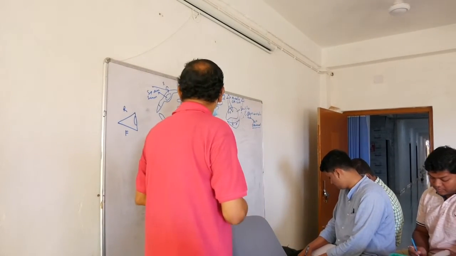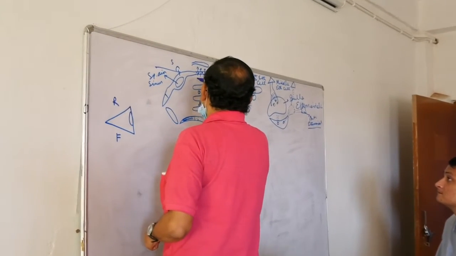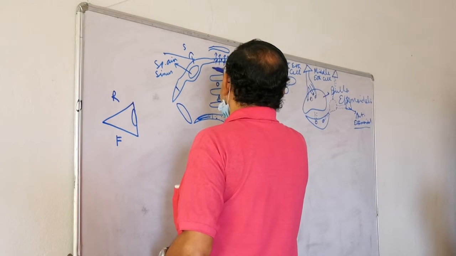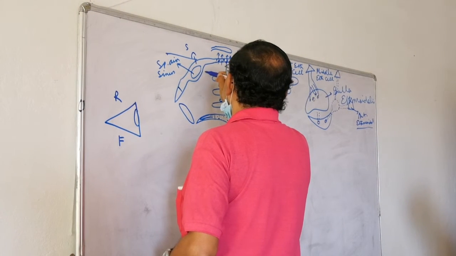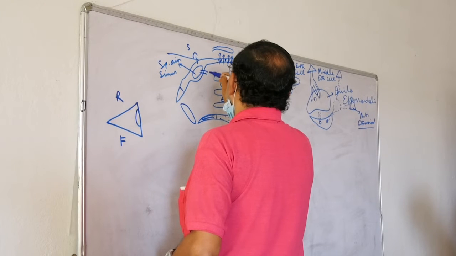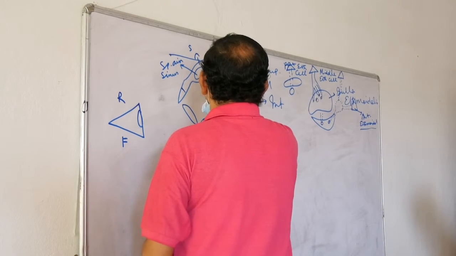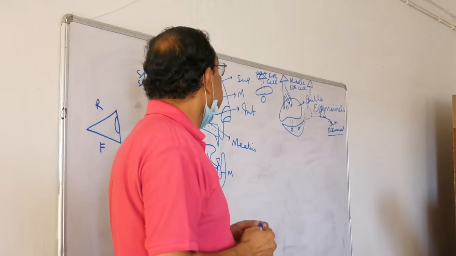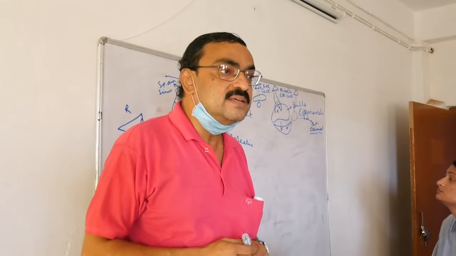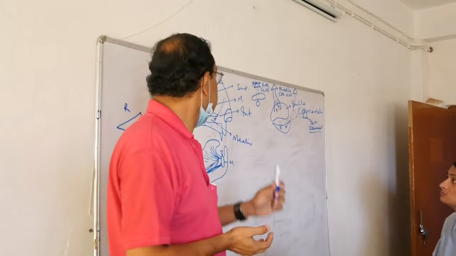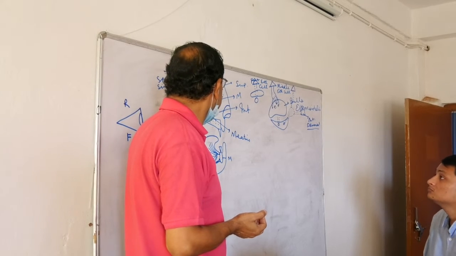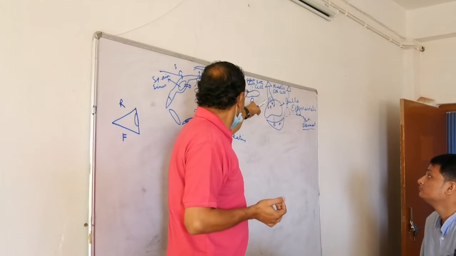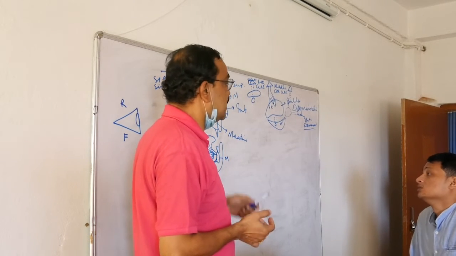And the part above the superior meatus is called the sphenoethmoidal recess, because the sphenoid air cell will sometimes open into this area.